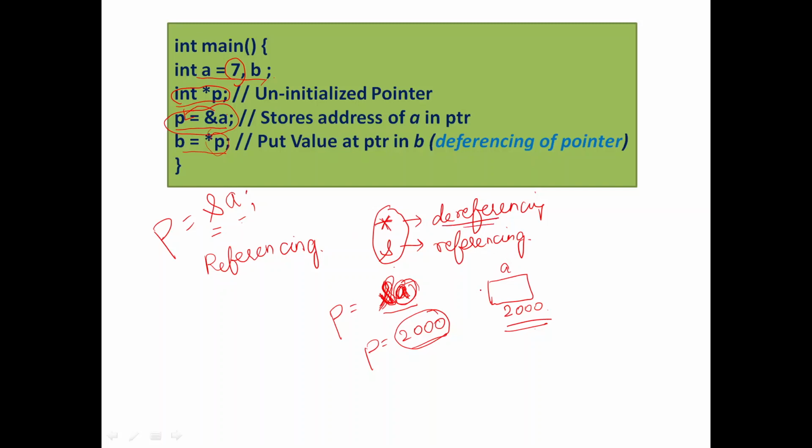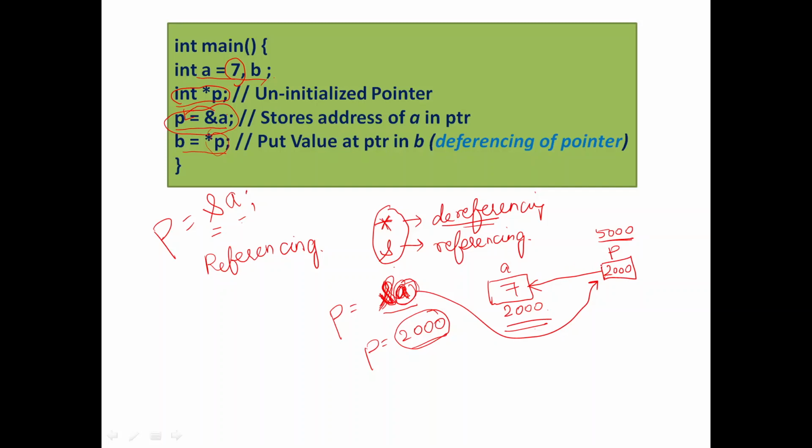Here we have created a pointer p, and maybe the memory address for the pointer is 5000. The value of the pointer is 2000, which means it is pointing to the variable a. Already we have initialized the variable a as 7.